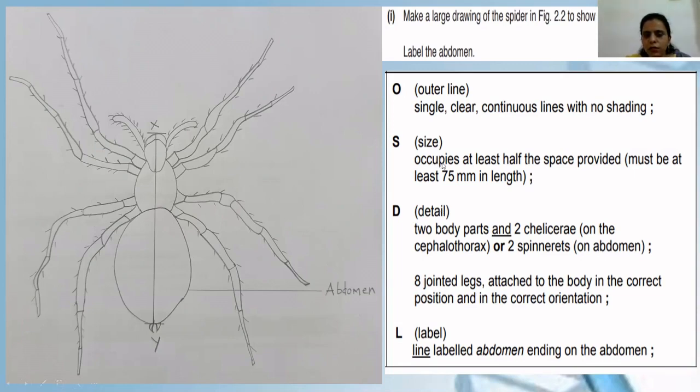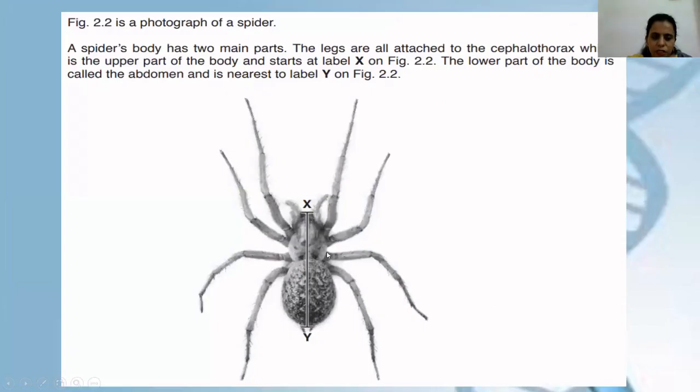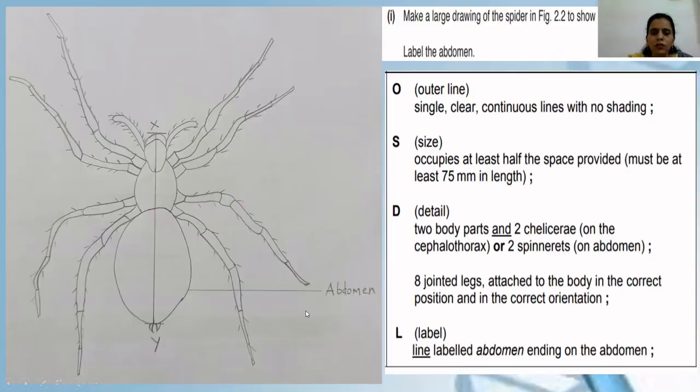The next one is size. This diagram should occupy at least half of the blank space which is provided. Here they have mentioned that it must be at least 75 millimeters in length. In the previous picture, if you measure this length X to Y using a ruler, you get around 39 millimeters.